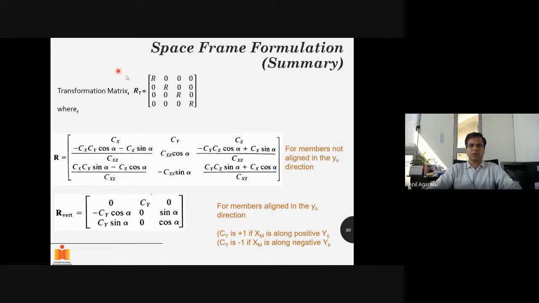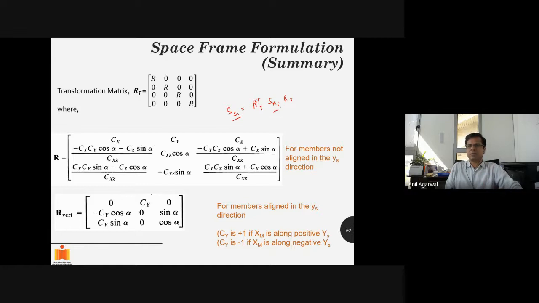Once you get your RT, you can also use RT transpose. For transforming the stiffness matrix, you have to pre-multiply with RT transpose and post-multiply with RT. This will give you the stiffness matrix in the structural coordinate system.